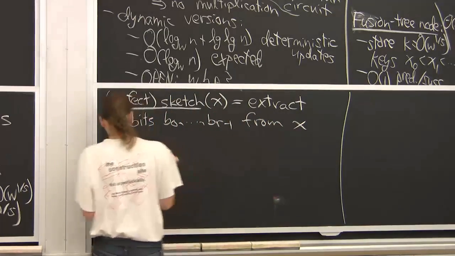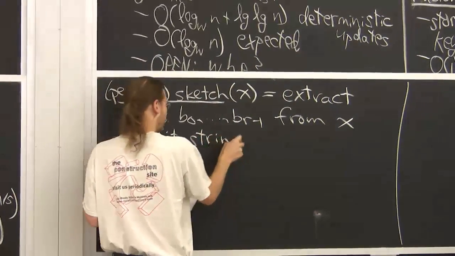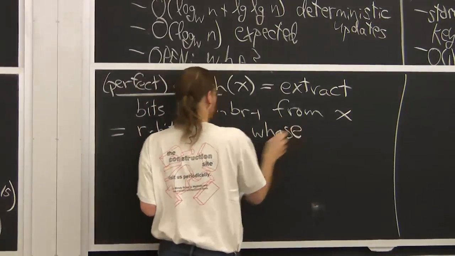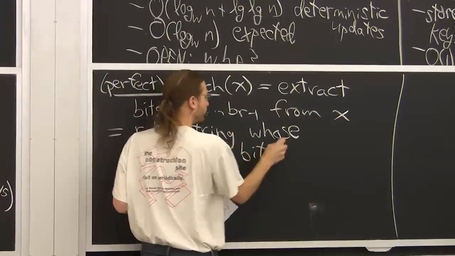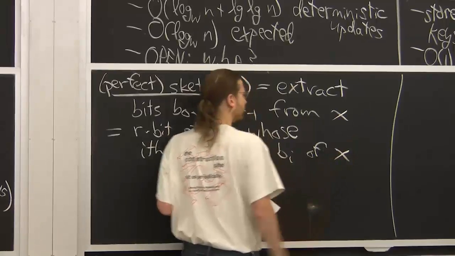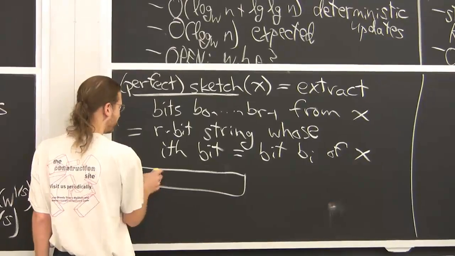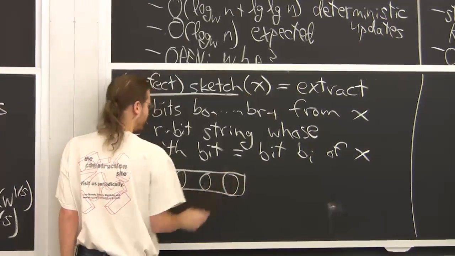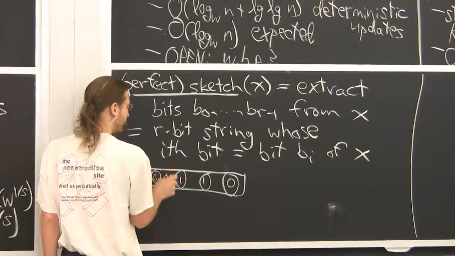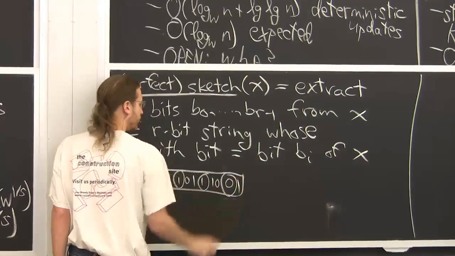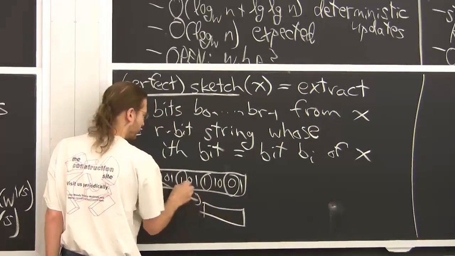So in other words, this is an r-bit string whose ith bit equals bit b_i of x. So you've got a bit string which is x. You say, oh, the important ones are this one, this one, this one, and this one. Inside here is either a 0 or a 1. And there are other bits which we don't care about because they're not important. And we just compress this to a 4-bit string.